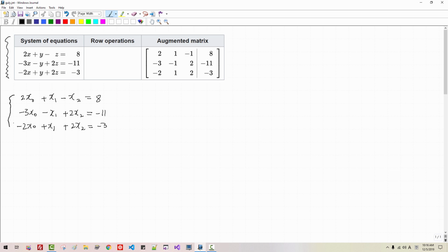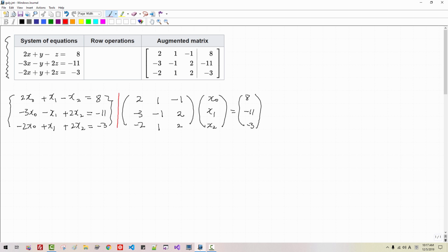From this notation, we form the augmented matrix 2, 1, minus 1, minus 3, minus 1, 2, minus 2, 1, 2, times x0, x1, x2 equals 8, minus 11, minus 3.